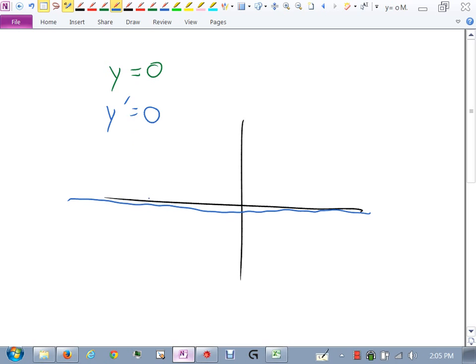So the slope of the tangent line at every point is 0, which is the same as the function. Do you see why we call this a trivial example? How useful is the 0 function? You plug something into it, it spits out 0. So that function is never really going to apply to anything in the real world. The exponential function, on the other hand, applies to a lot of things.